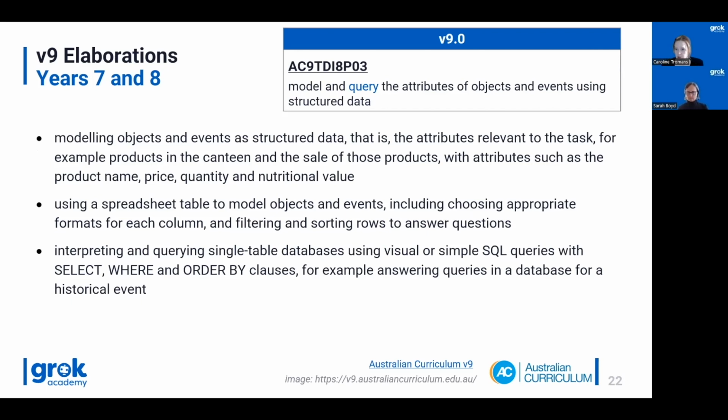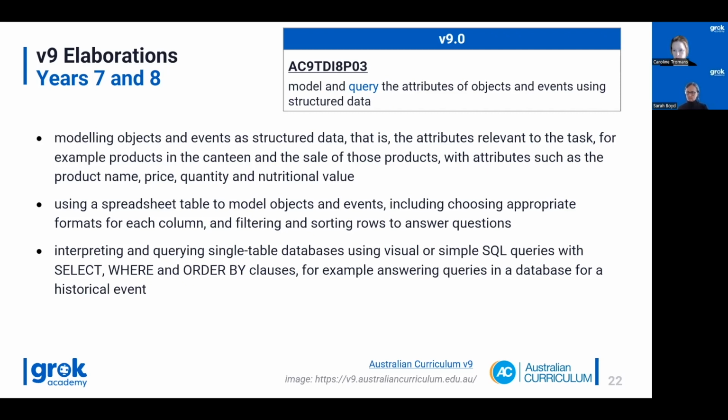This is our next content descriptor. Some of the elaborations for this one, modelling objects and events as structured data. That is the attributes relevant to the task, for example, products in the canteen and the sale of those products with attributes such as the product name, price, quantity, and nutritional value. These types of things can be done using spreadsheet software or database software, and we'll show you some examples of those.